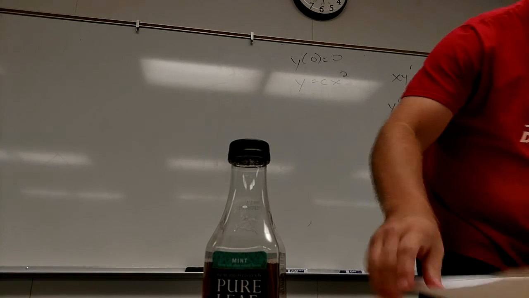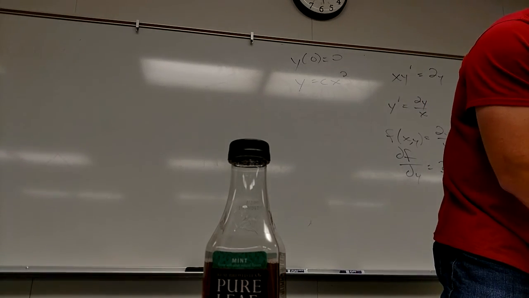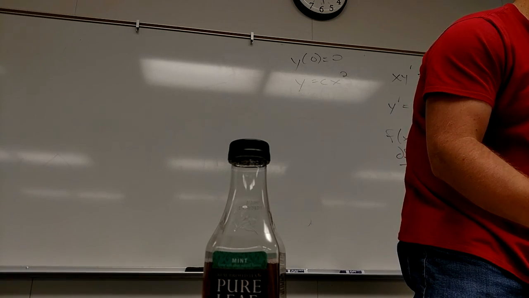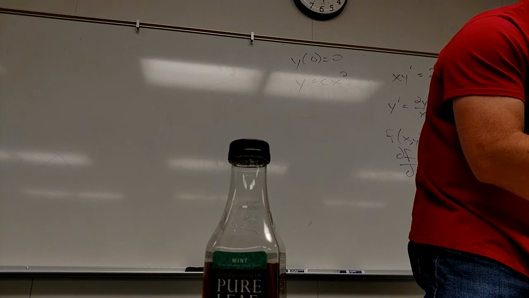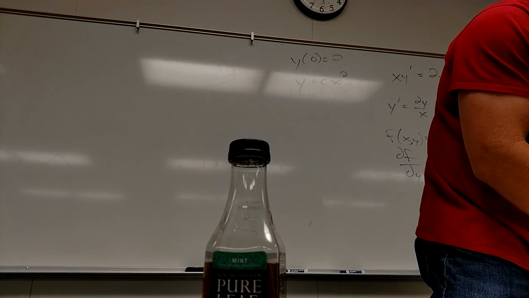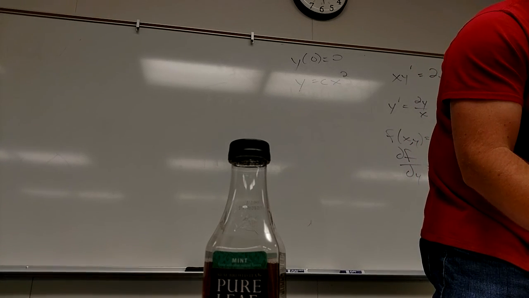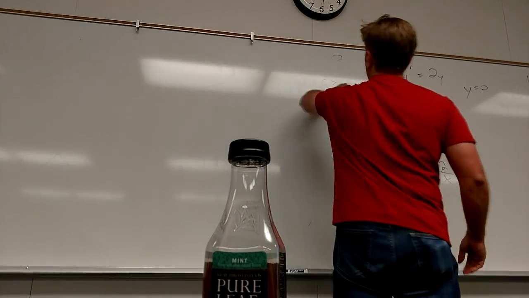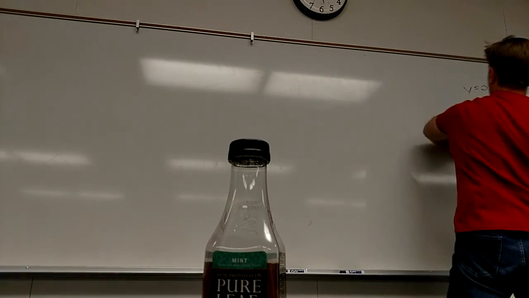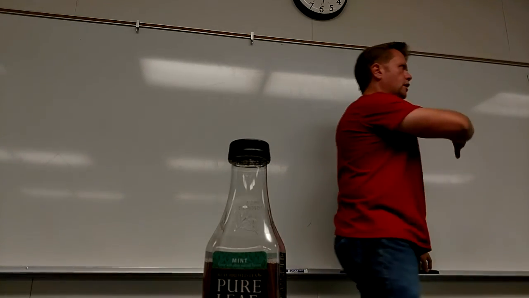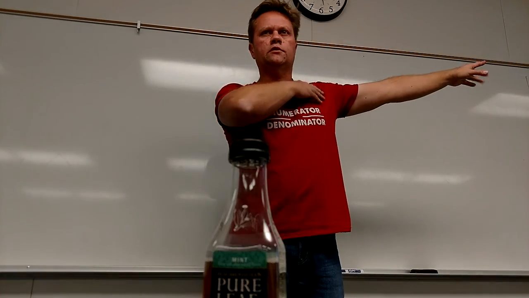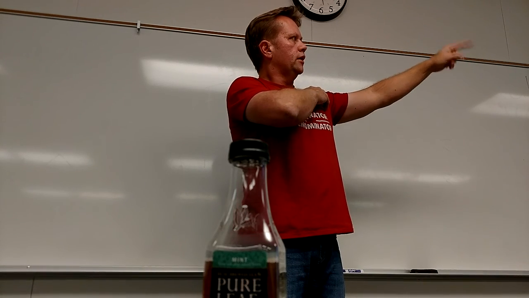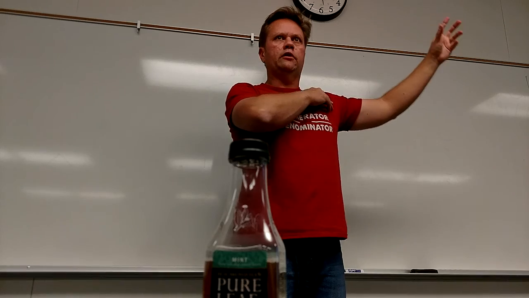We left off, let's see, where exactly? Oh yeah, we had just barely started talking about autonomous DEs. Just to remind you guys, we talked about direction fields, right? And that's just little lineal elements showing the derivative at those points.